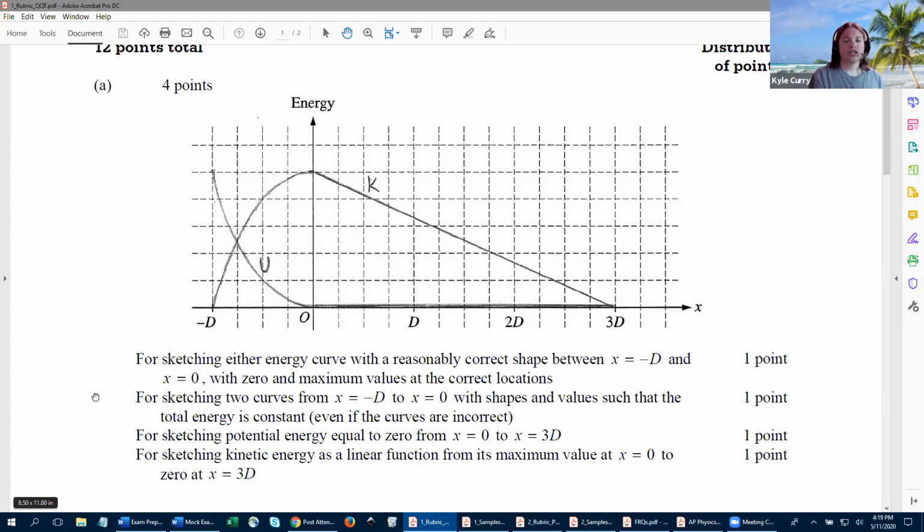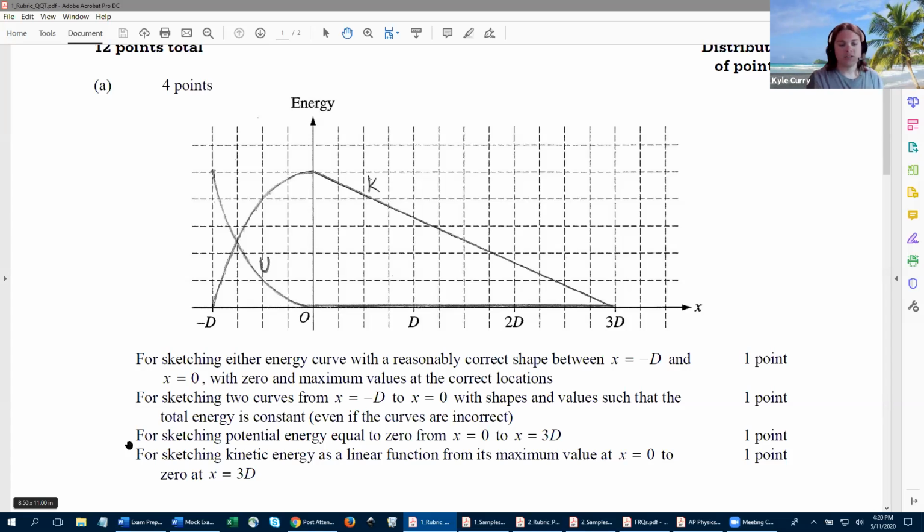Second point is for sketching two curves from x equals -d to x equals 0, but these curves need to show that the total mechanical energy of the block-spring system is constant as the block travels from x equals -d to 0. You could draw any two curves you wanted, that's perfectly fine, but they better show that the mechanical energy, meaning the kinetic energy and the spring potential energy, is conserved.